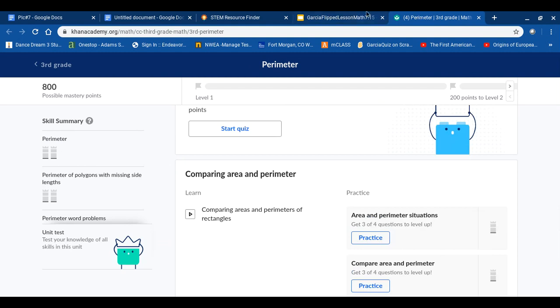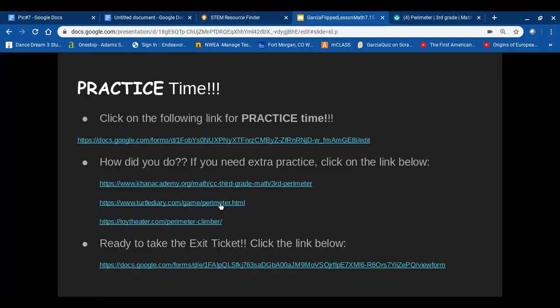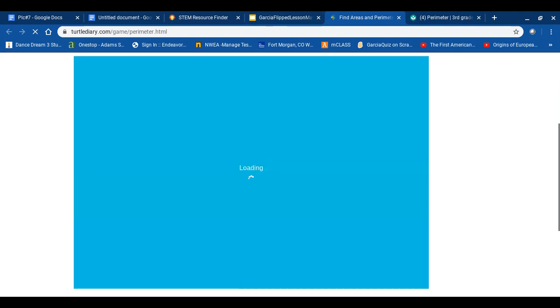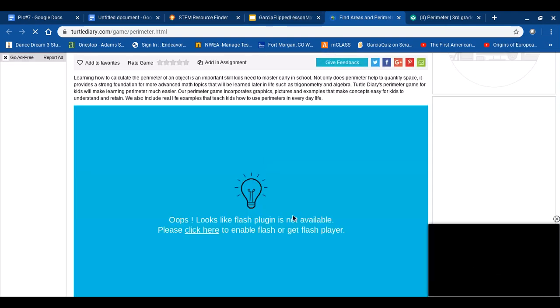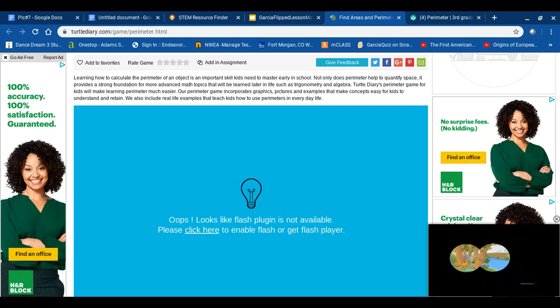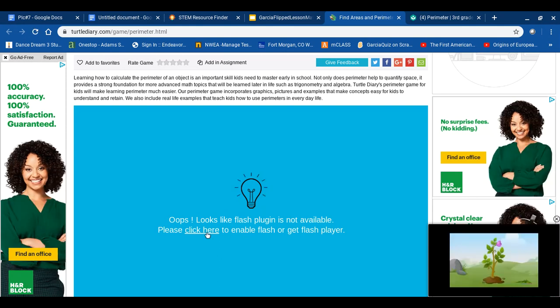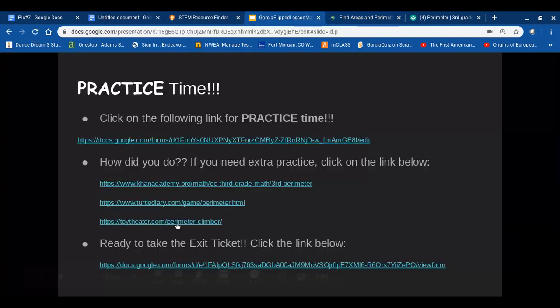Okay. The next thing we have is a website which you must enable. Click there. Make sure if it doesn't go automatically to the page, that you click there. But it's not working. Okay, so let me see what's going on with this one while we take care of this one here.